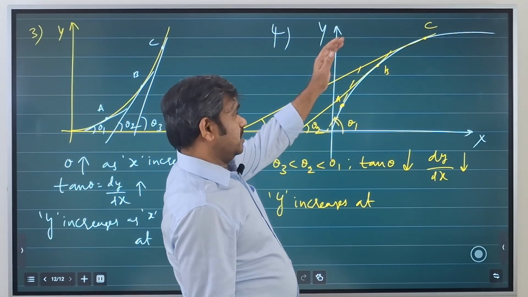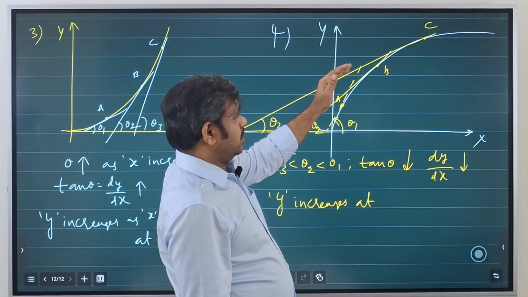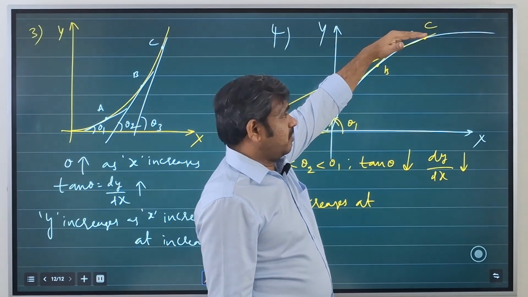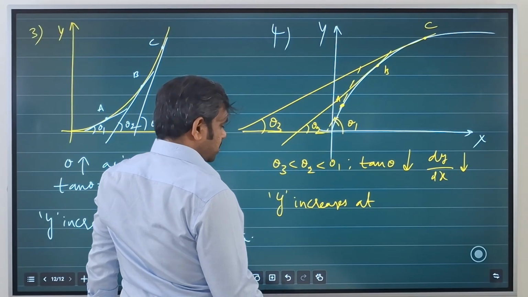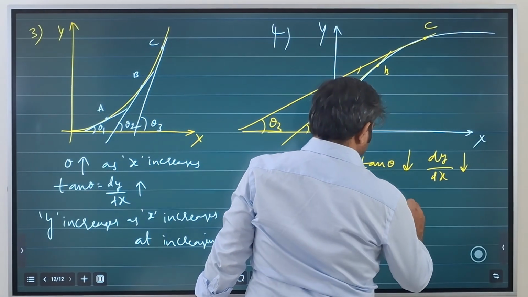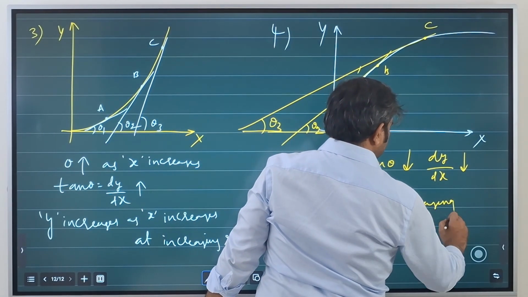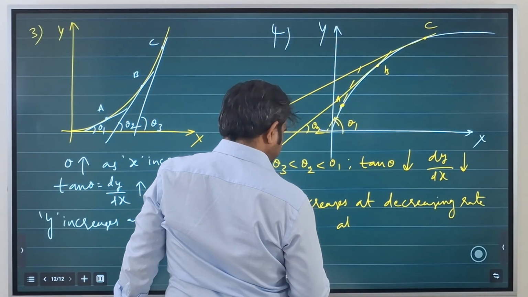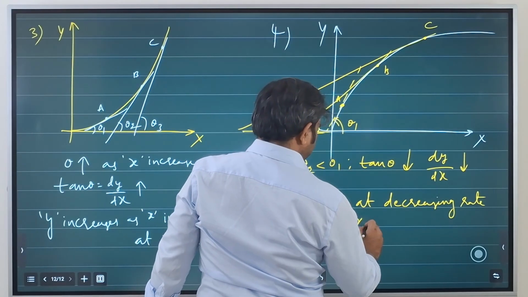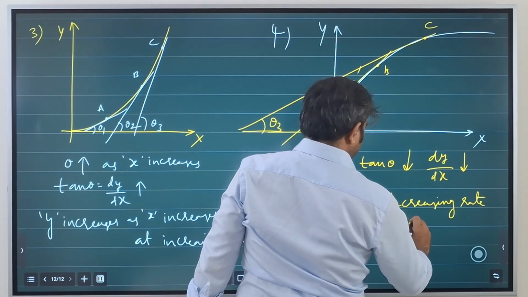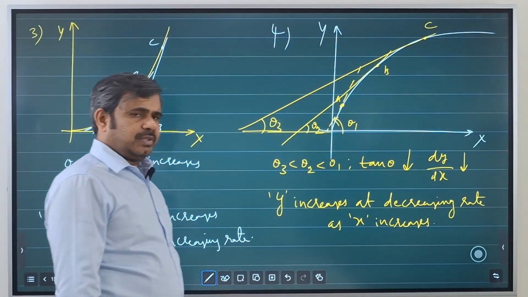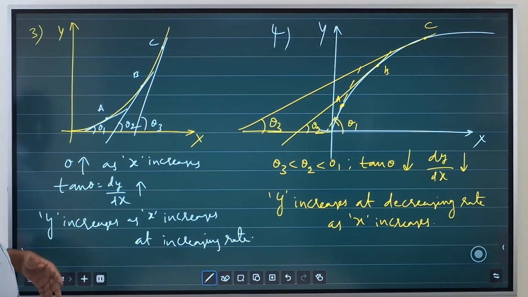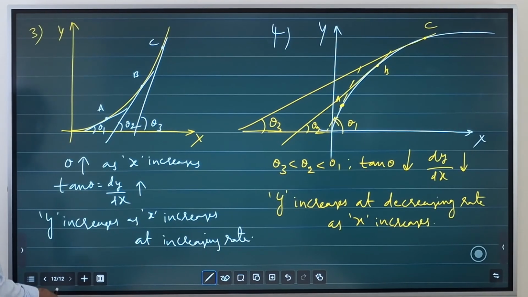Initially, y increases at a greater pace, but the pace at which y increases decreases. So the graph flattens at larger values of x. Y increases at decreasing rate as x increases. That's the conclusion we can come to in this graph. Like this, we can understand different shapes of the graphs. Let's see a few more.